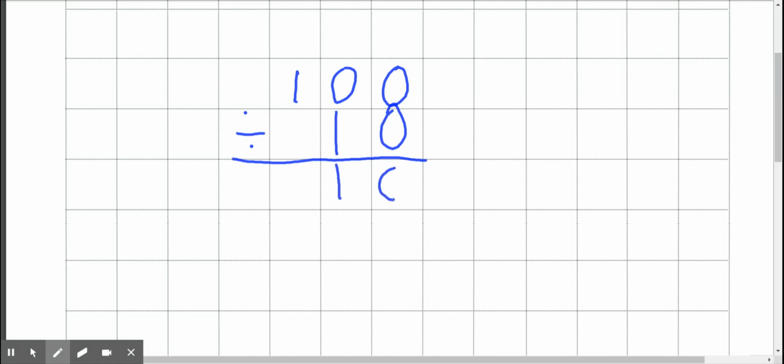I have 10 chocolate eggs, right? Another fun method: you notice how there's two zeros and one zero? If you just cross out one zero each, it turns into 10 divided by 1, and you get 10 again. Sorry, that was just a quick fun part.